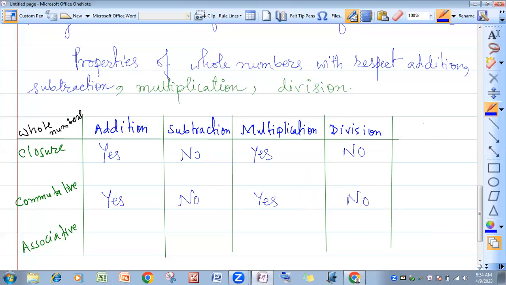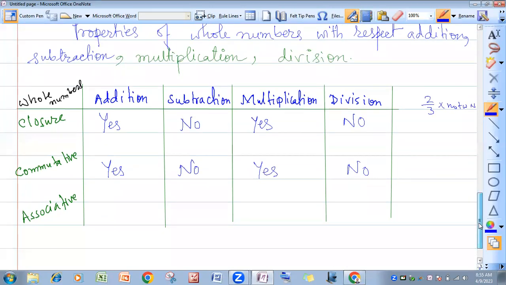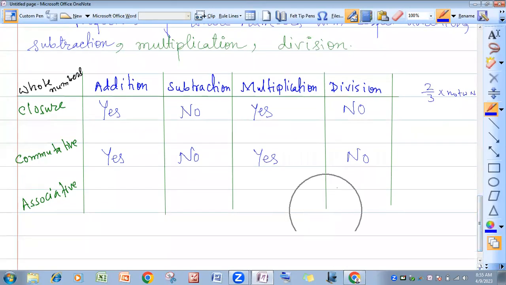You can take two numbers, suppose 2 by 3. This is not a whole number. So the division 2 by 3 or 3 by 2, both are not whole numbers. If you get one counter example, you can write that division is not commutative.